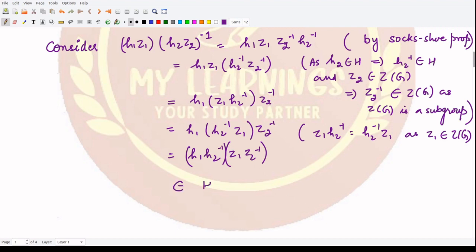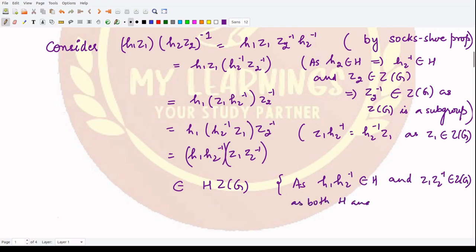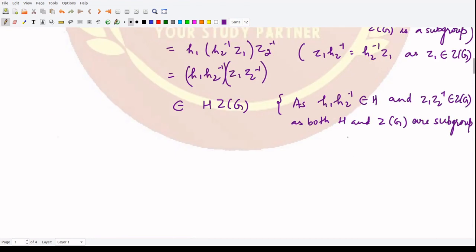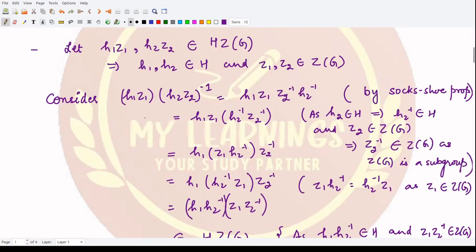Now this whole element would be a member of HZ(G). Why? Because h1 h2 inverse belongs to H, correct, and z1 z2 inverse belongs to Z(G), as both H and the center of the group Z(G) are subgroups of the given group G, correct, subgroups of G. So from here we have proved that this element is also present in HZ(G).